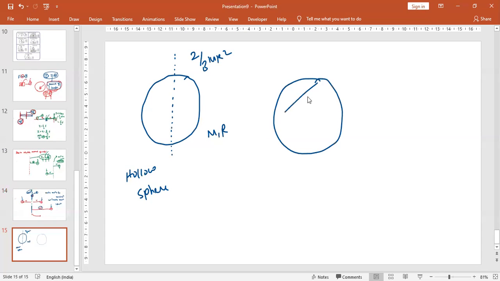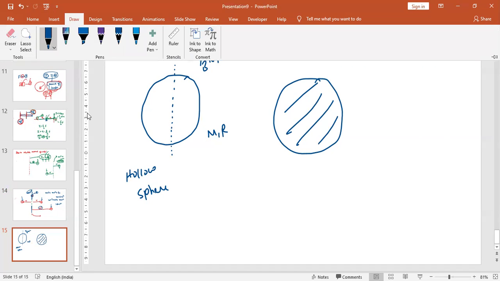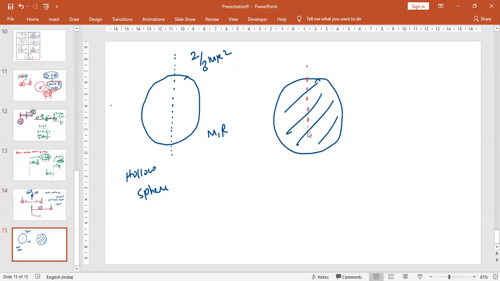Similarly, suppose we have a solid sphere, and an axis is passing through the center, the moment of inertia will be 2 by 5 mr square. There are some 12, 13 moments of inertia that you have to remember. I'll send you a list of which moments of inertia you should remember before the exam. So you have to remember all this.